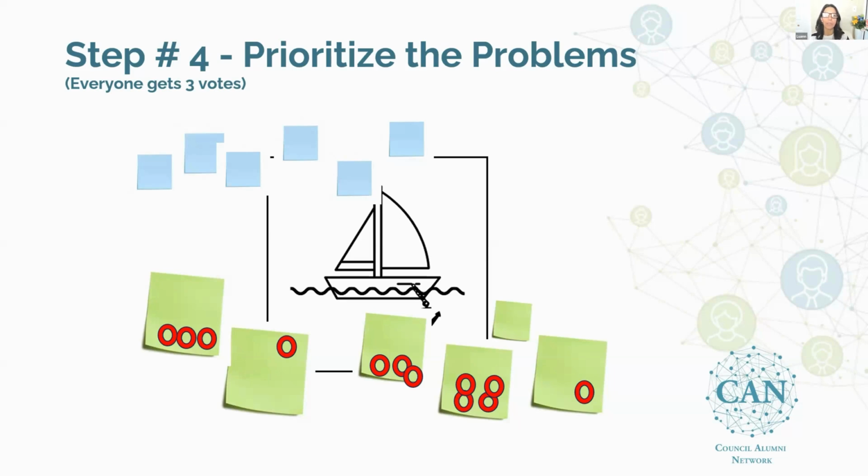And this is really, really a cool moment, because everybody's getting to see all the challenges, but they don't know who put the challenges up there. I mean, it'll come out in the end, because we're going to be doing some action steps based around them. But what we're doing as a facilitator is eliminating wasting time on things that maybe could get fixed very quickly. So maybe it's something silly like the time clock doesn't work.